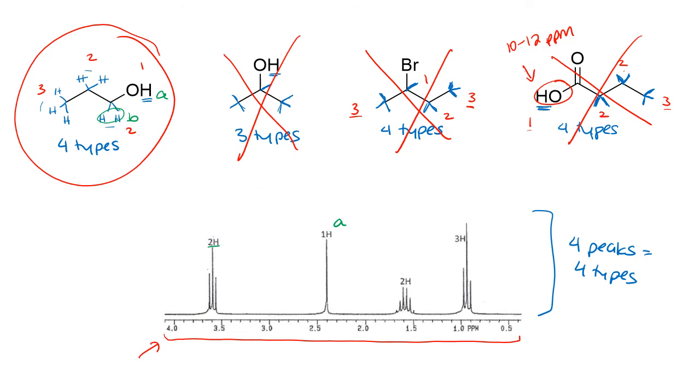We see 3 splits here and 3 splits, a triplet, means that this group of hydrogens has two neighbors. Since two neighbors plus 1 means that the peak would be split into 3. So all of this makes sense for our group B hydrogens since they have two neighboring hydrogens. And the hydrogen on the oxygen does not participate in splitting, so we just ignore it.